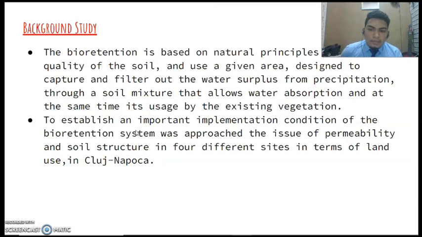The second point is to establish an important implementation condition of the bioretention system. The issue of permeability and soil structure was approached in 4 different sites in terms of land use in Cluj-Napoca, which is where this research happened.